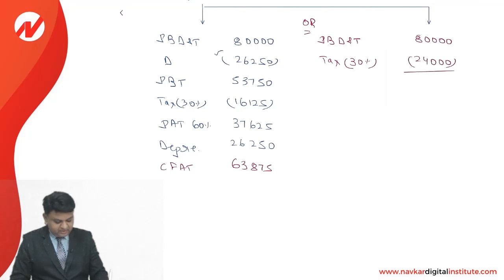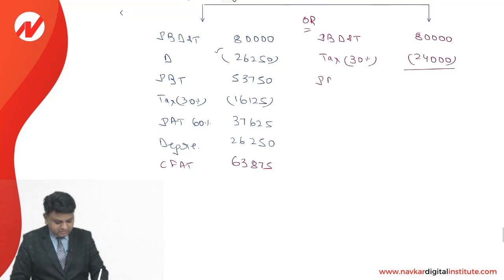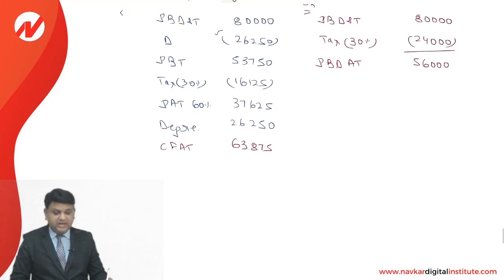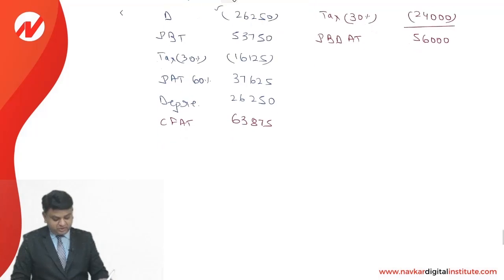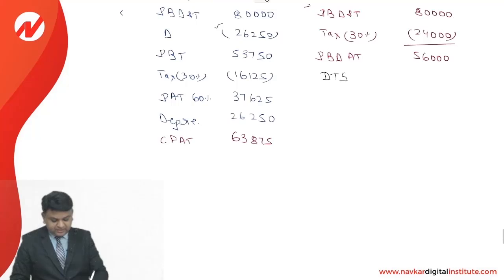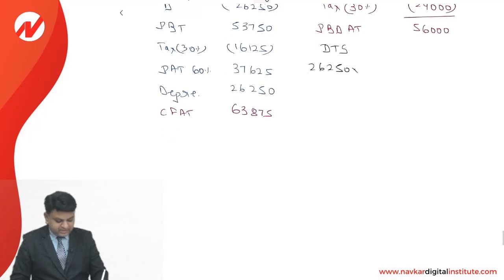So we will be having profit before depreciation after taxation. That comes to an amount of 56,000. Now we know that depreciation is a non-cash item, so we have only depreciation tax saving, DTS. What is the depreciation amount? 26,250. What is tax rate? 30%.